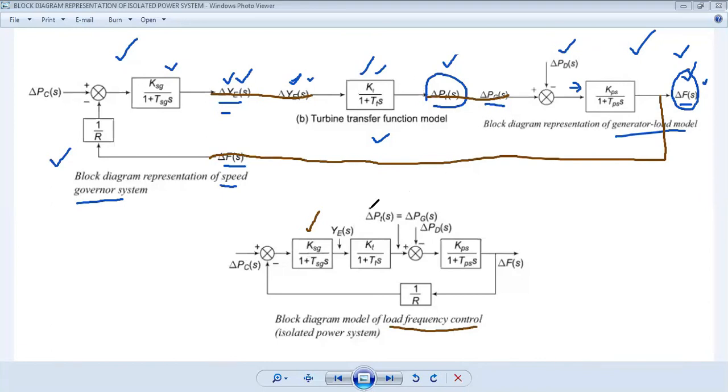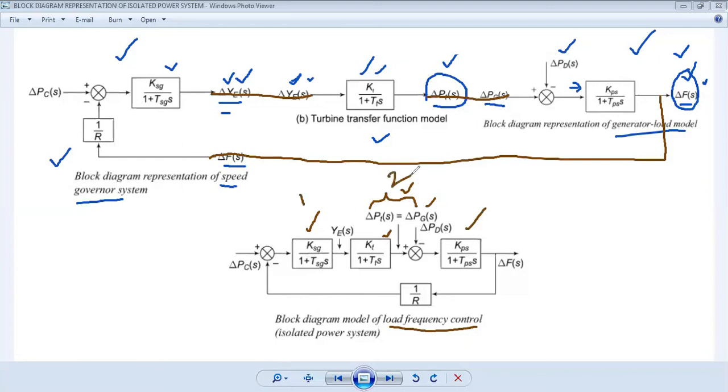Here we are assuming that delta PTF is equal to delta PGF. That's why, in the generator load model, we neglect the incremental losses in the generator. The output of the turbine and the output of the generator are both equal, as we assume the incremental losses in the generator are small and negligible.